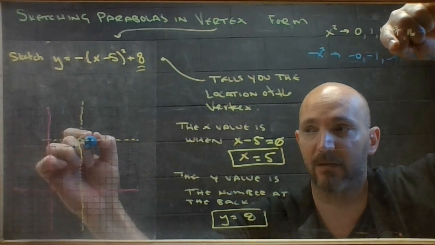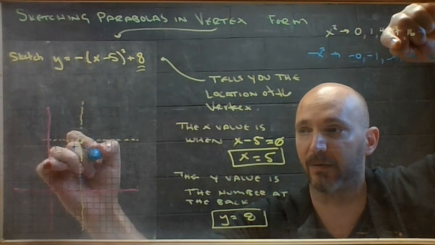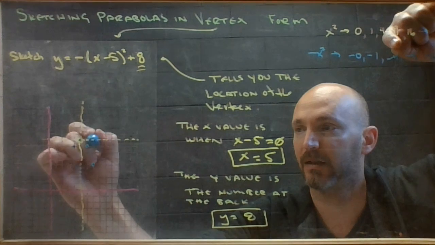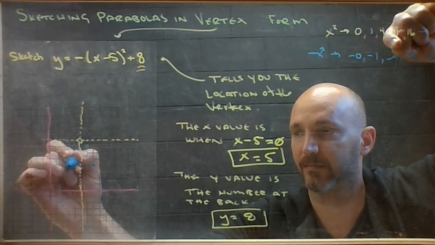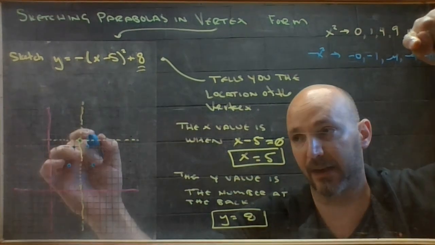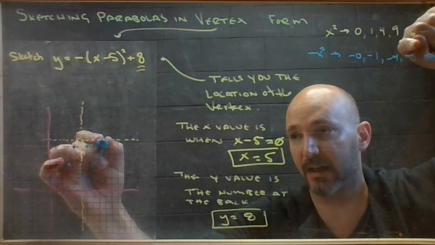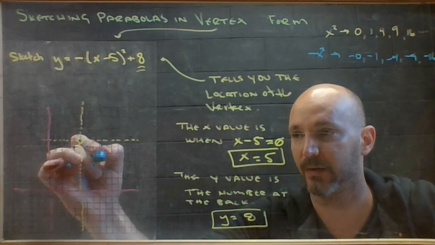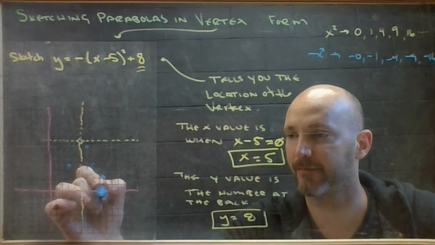2 steps out, 1, 2, I need to drop 4. Same on the other side, over 2, down 4. If I take 3 steps, 1, 2, 3, my next perfect square would be negative 9.